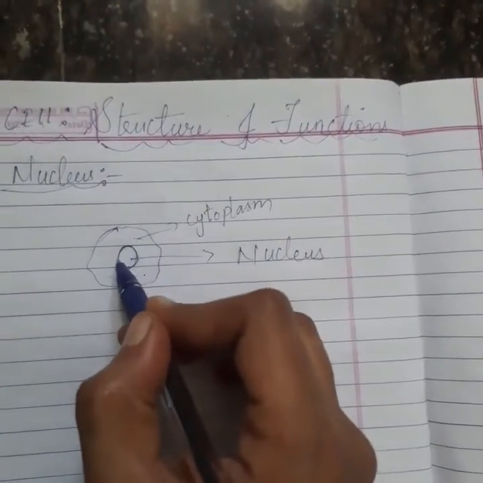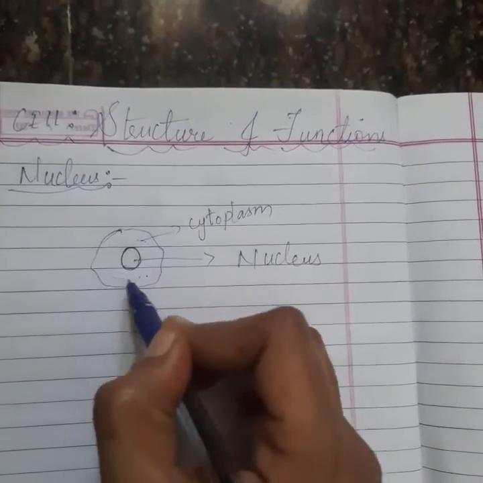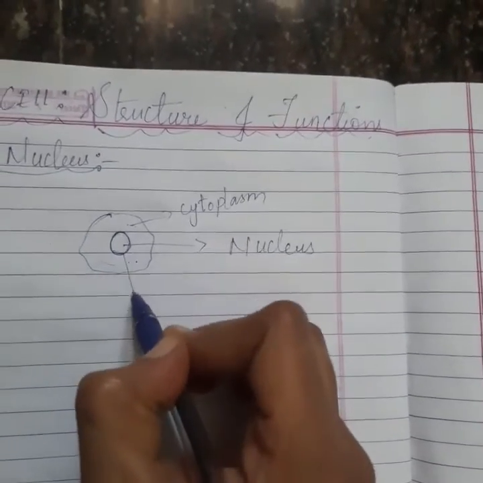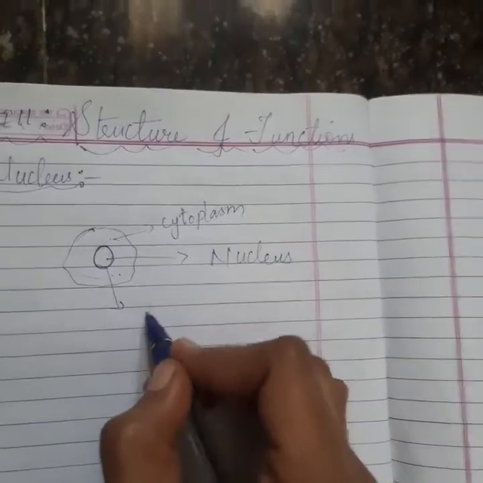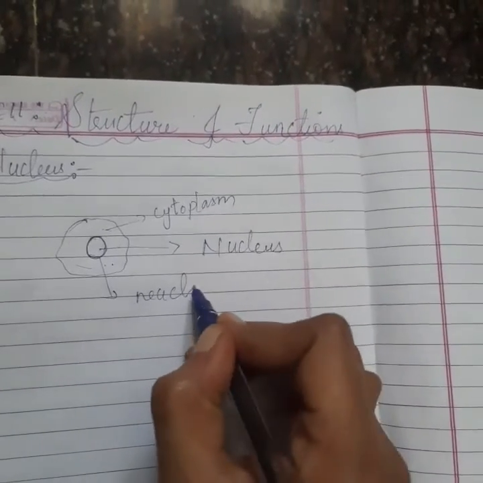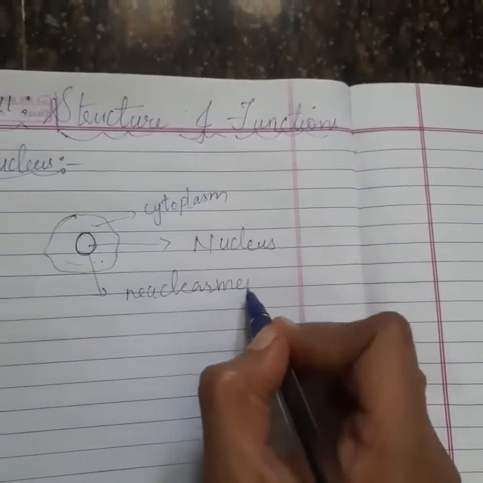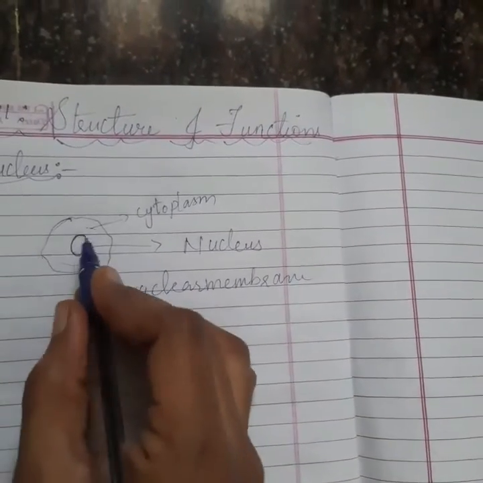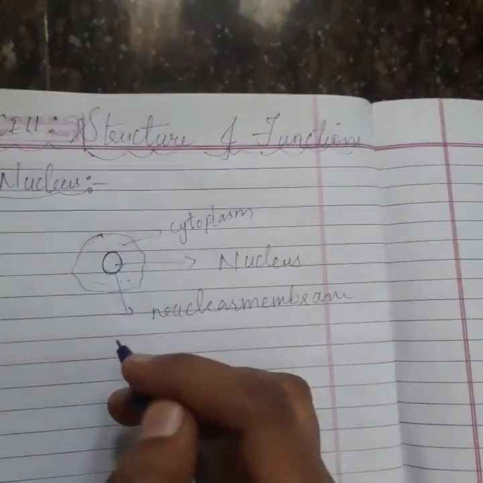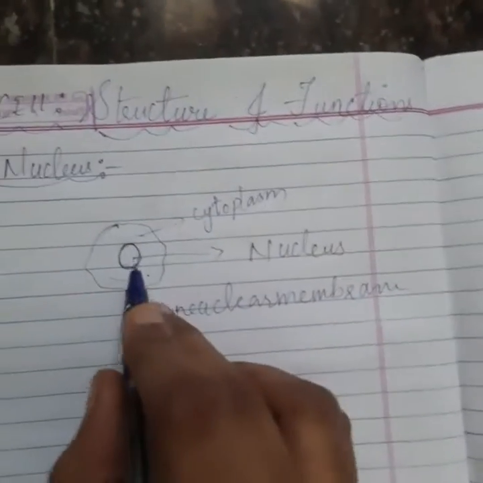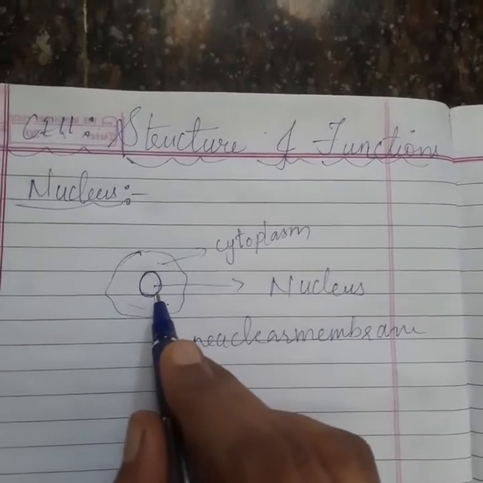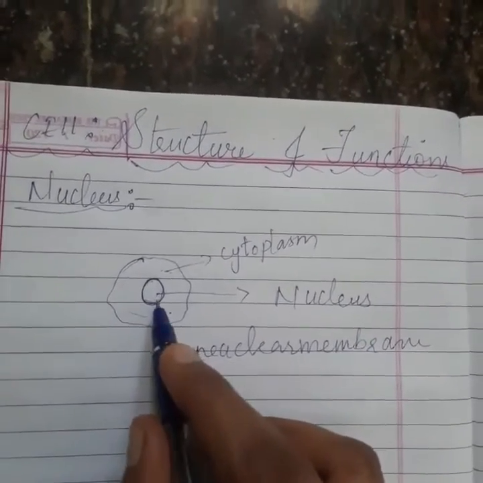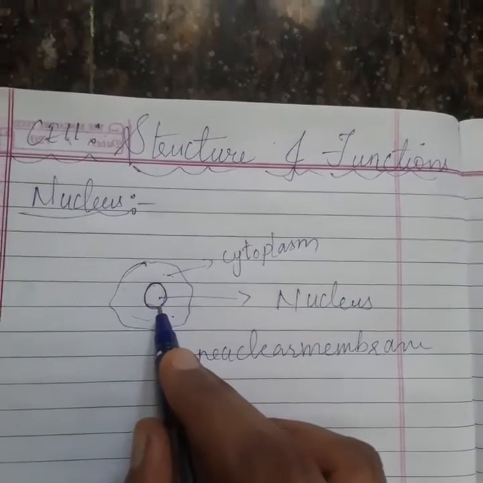And our nucleus is separated from this cytoplasm by a membrane which is known as nuclear membrane. Remember it? It separates the nucleus from this cytoplasm. And by using a microscope of higher magnification, we see an even smaller spherical body inside the nucleus.